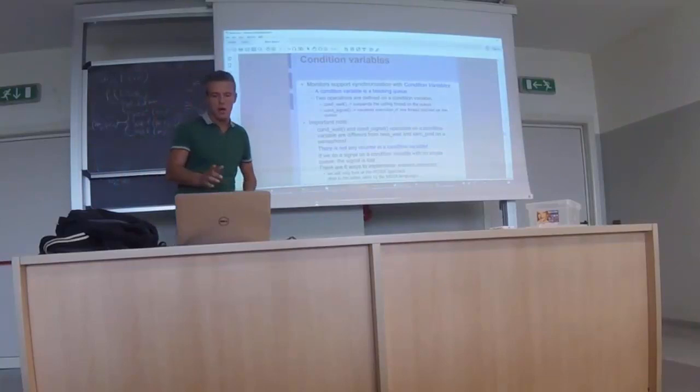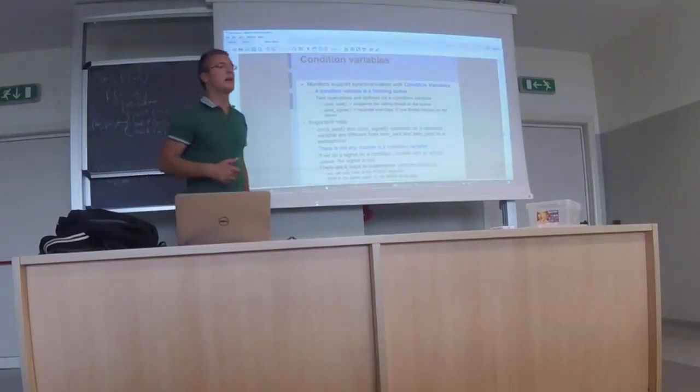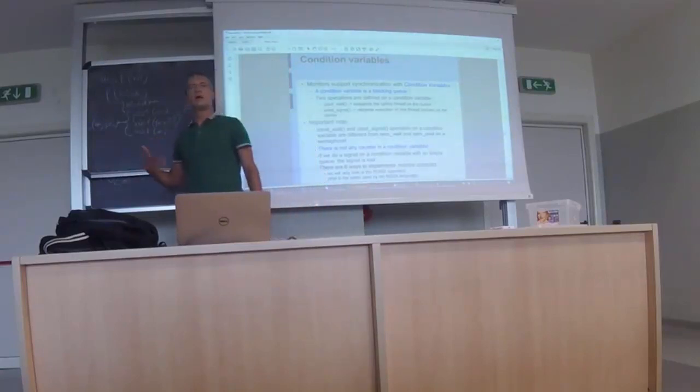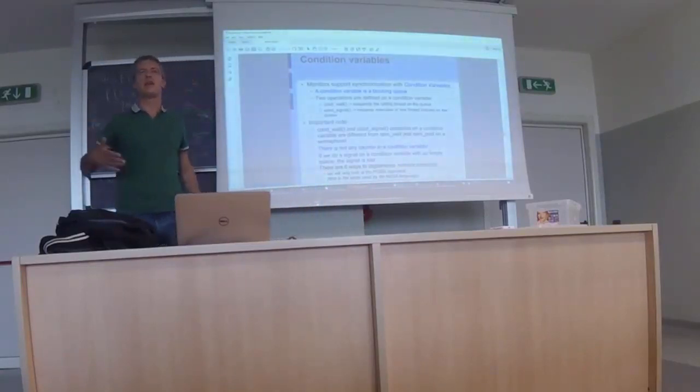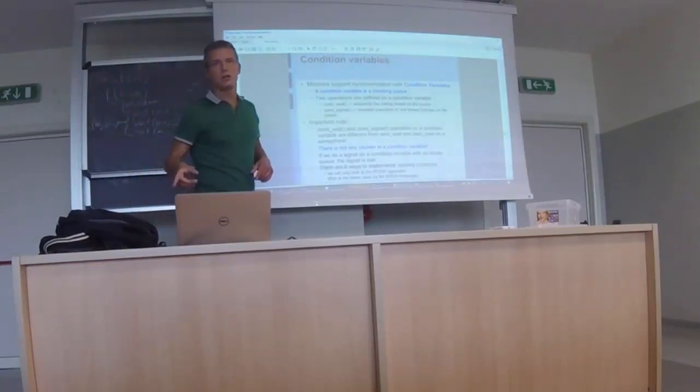Note, there is not any counter in a condition variable. This is the difference with semaphores. You don't have 2, 3, 4. With a semaphore, if I continue posting, you have the counter increasing, like 5, 6, 7, 8, infinite. Here not.